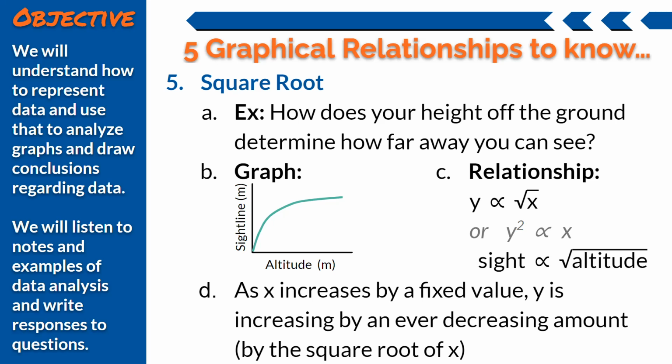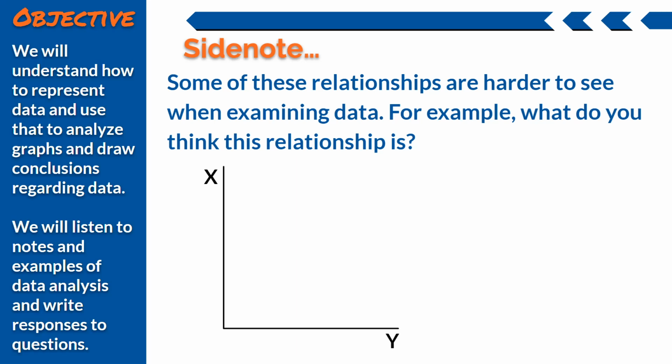So you're going to see a lot of these graphs throughout the year, either ones that you draw yourself from data that you collect or data that's provided to you that you have to analyze on a test or whatever. Okay, and the way that you identify these relationships is usually by just looking at the shape of the graph. But sometimes those graphs are harder to tell what they are. Okay, so side note, some of these relationships are harder to see.